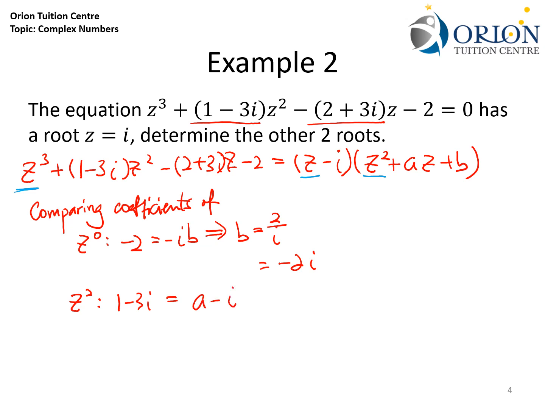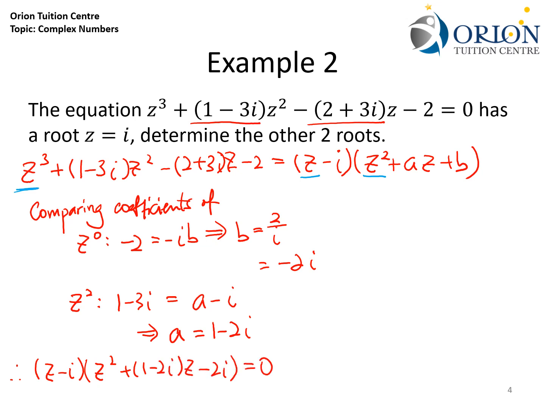And with this, I can solve for a to be 1 minus 2i. And thus, I can say that this cubic equation can be written as z minus i, times z squared plus (1 minus 2i) times z minus 2i, equals 0.